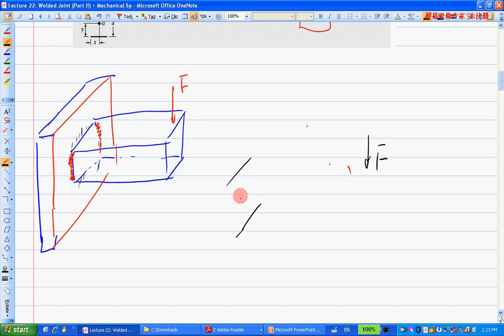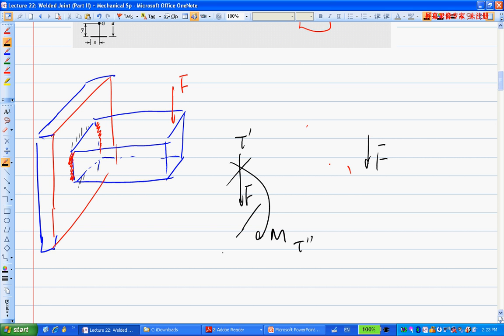The F will cause a bending moment M on this geometry, on this cross-section. At the same time, you have a vertical shear force F here. That's where the tau prime, and this we call tau double prime, come from on the weld group.